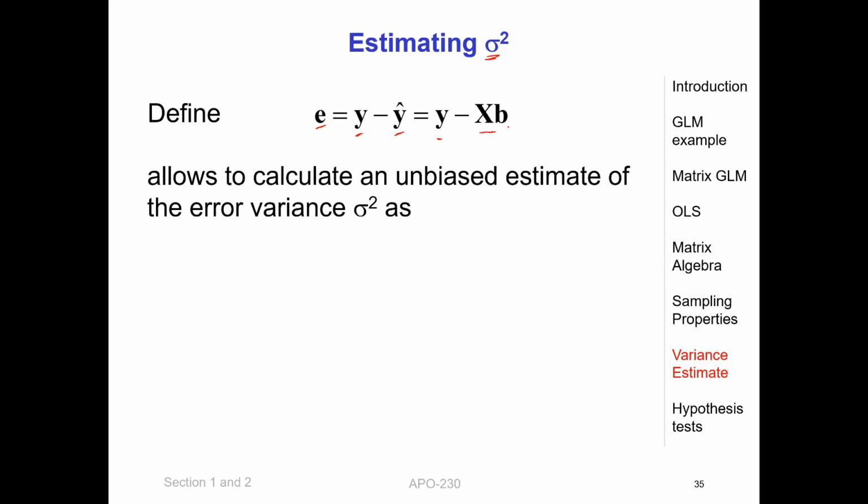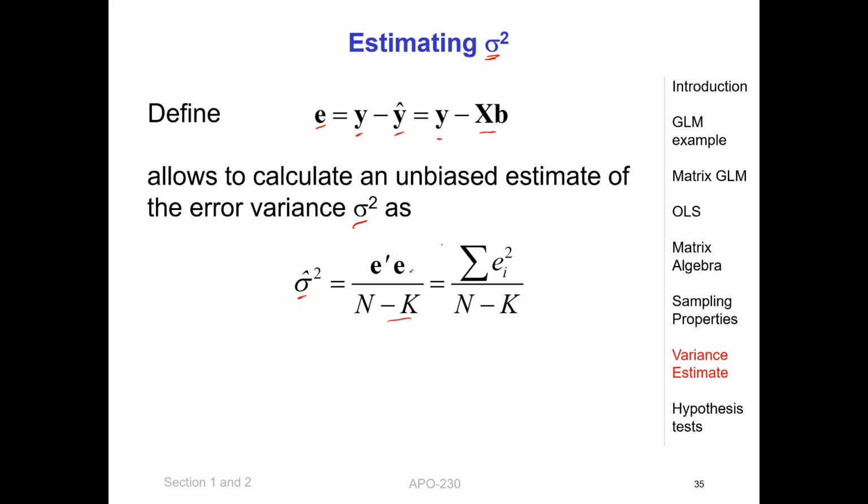Pretty trivial. Then we could, from this e, calculate the unbiased estimate of the error variance sigma square, and we denote it again as sigma square hat. Now, this sigma square hat could be calculated as e prime e, so the inner product of the vector e, divided by n minus k.